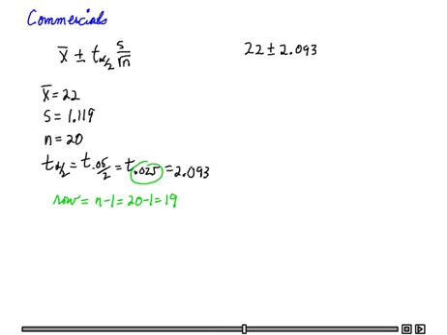I can put all these values into my formula, 22 plus or minus 2.093 times 1.119 divided by the square root of 20. And the first thing I'll look at is trying to get an estimate on my margin of error.